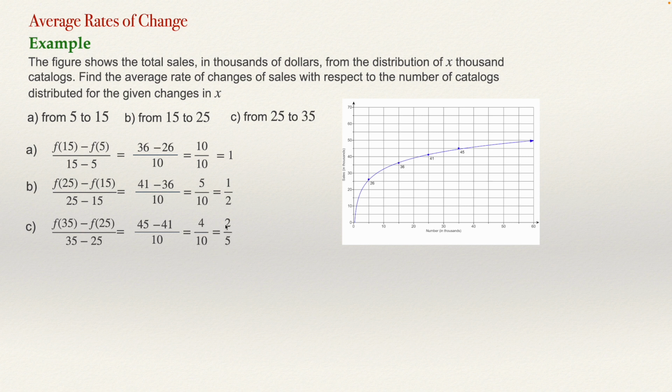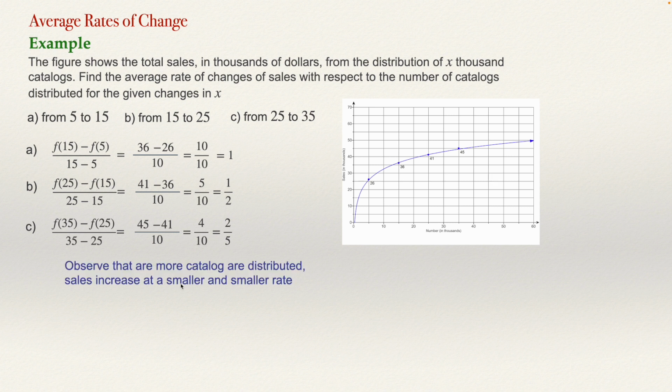And again, this is even smaller. So we observe that as more catalogs are distributed, sales increase, but at a smaller and smaller rate. So the rate of change is changing. So this is my explanation about average rate of change that will be useful to define the derivative of a function.